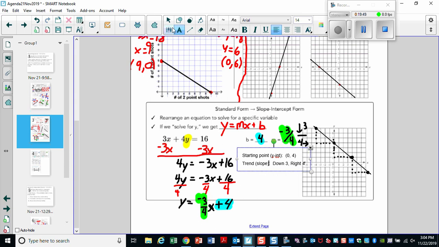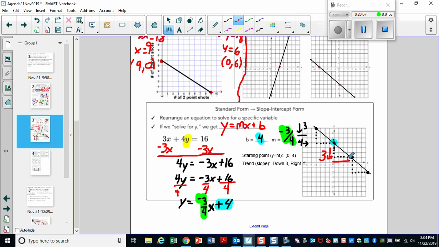So we started at this location here, and we continue the trend. Down 1, 2, 3, and then to the right, 4.